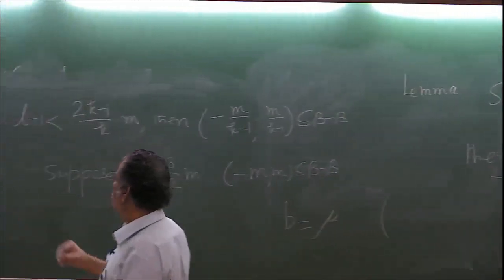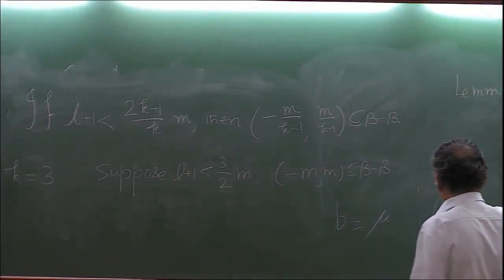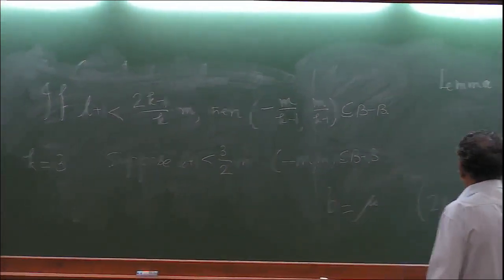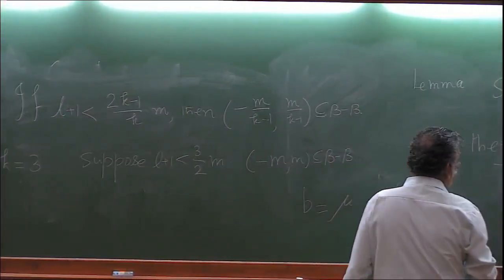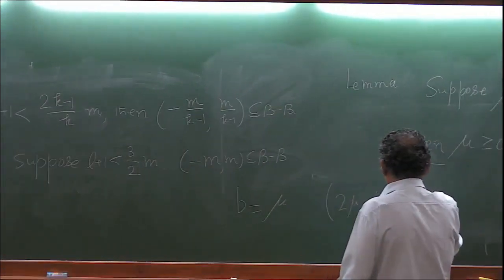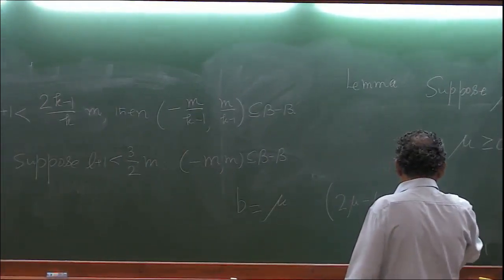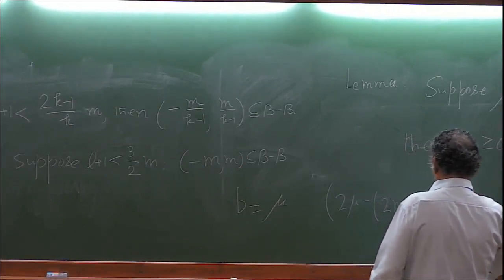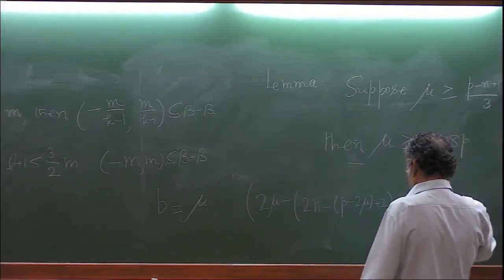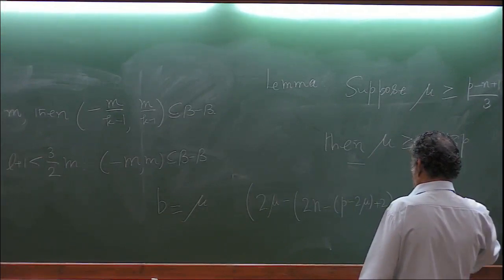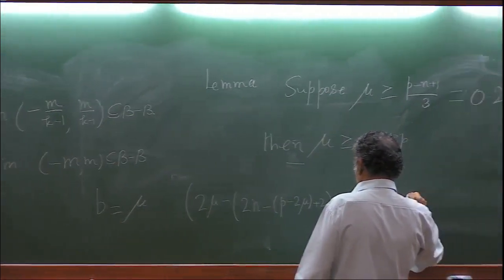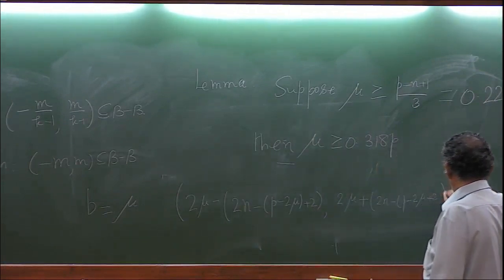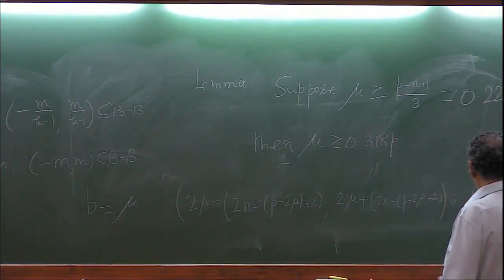And when I take b equal to mu, then I get 2 mu minus 2m, whatever the notation, 2 times m is n, and L is p minus 2 mu plus 2, and 2 mu plus 2n minus p minus 2 mu plus 2 is A-free.